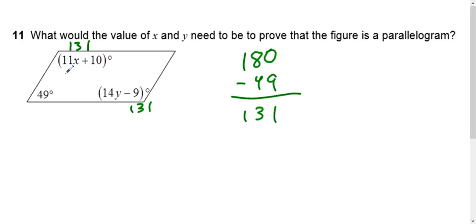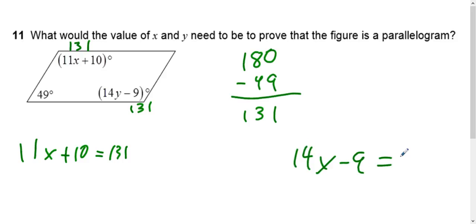So we get two equations, one for the x, 11x plus 10 equals 131, and 14y minus 9 equals 131. Solve each of those, so subtract the 10, you get 121.